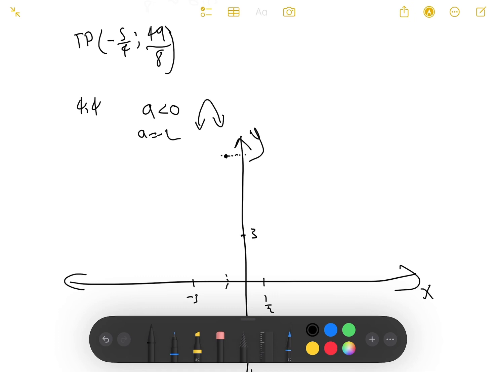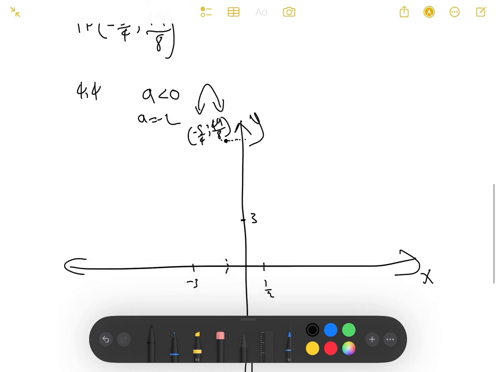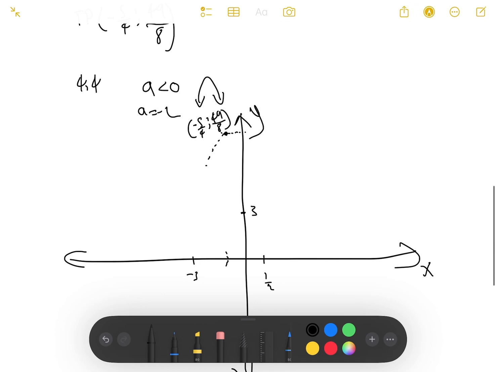So we're going to call this (negative 5 over 4, 49 over 8), where the graph is going to turn, right? At its maximum point, going down, okay? So something like this, and then the graph goes down.